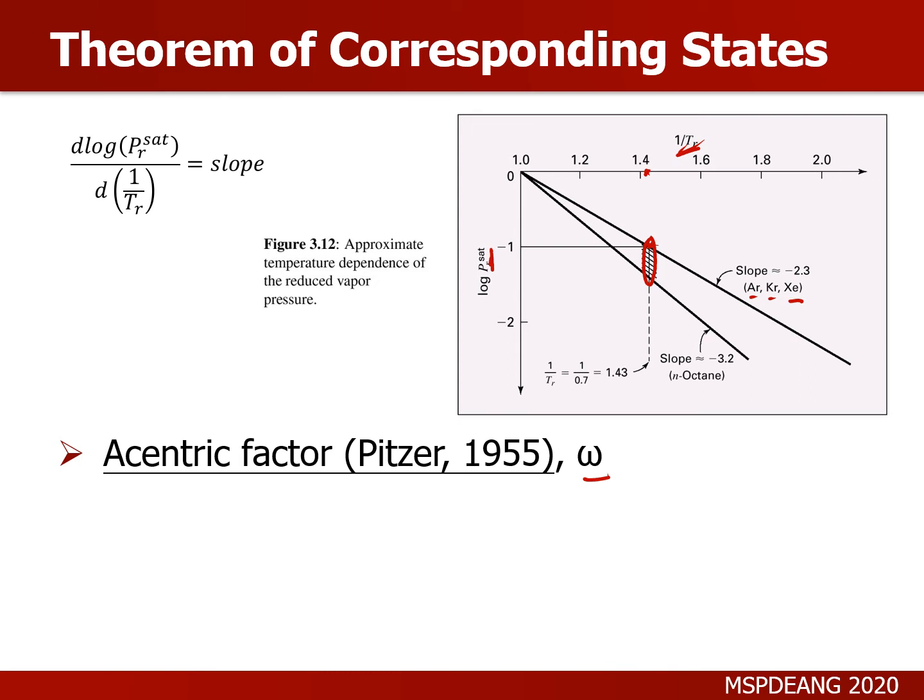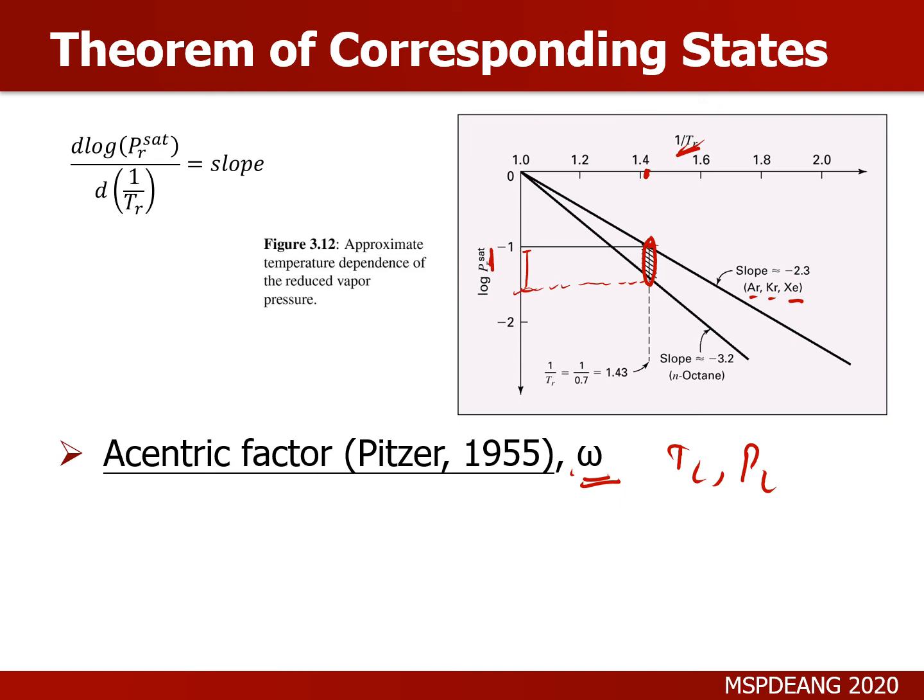Tapos, mina-measure lang yung difference between log PRSat for this same reciprocal reduced temperature for any other fluid. So kung octane, okay, yung difference na yan is the eccentric factor for N-octane. Okay, so this eccentric factor is now tabulated together with your critical temperature and critical pressure in multiple appendices. So this can be found in Appendix B of SVA.